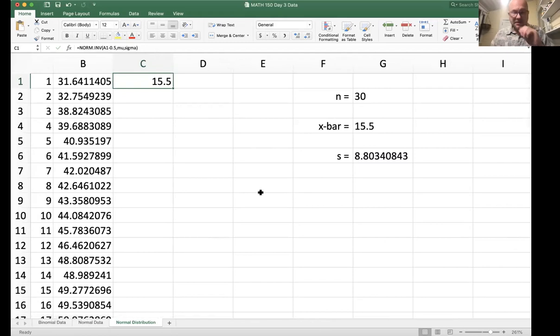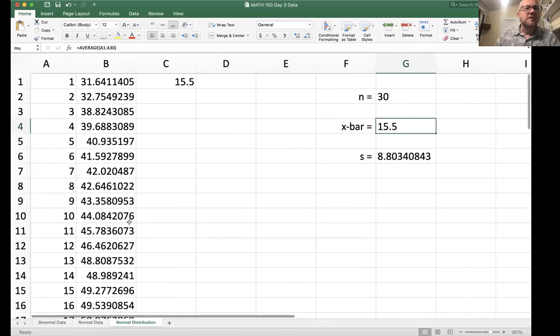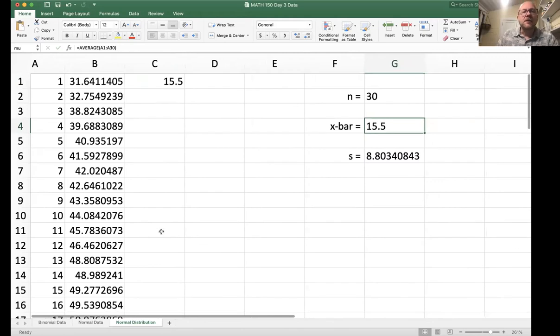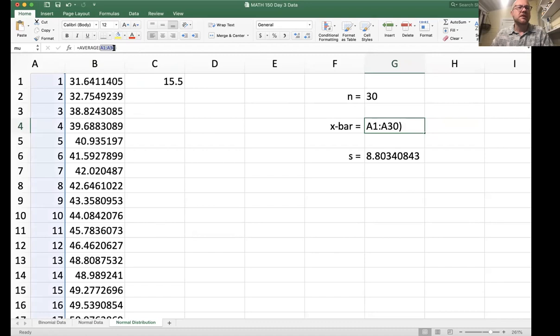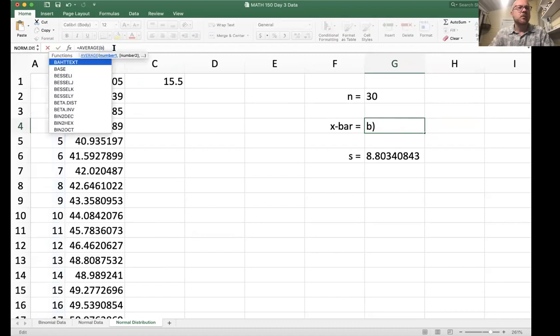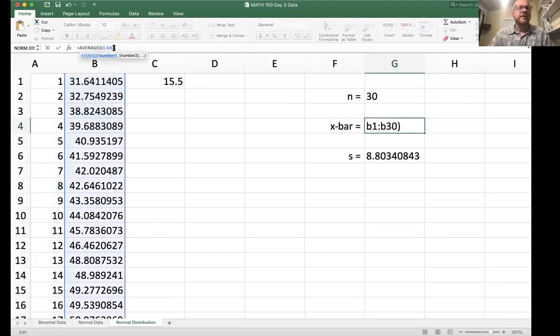Now, we're going to see the beauty of having this here. Okay. Notice how it says A1 to A30. I did the wrong thing. I should have said to take the average of B1 to B30, B1 colon B30, because I wanted the data that I had there.